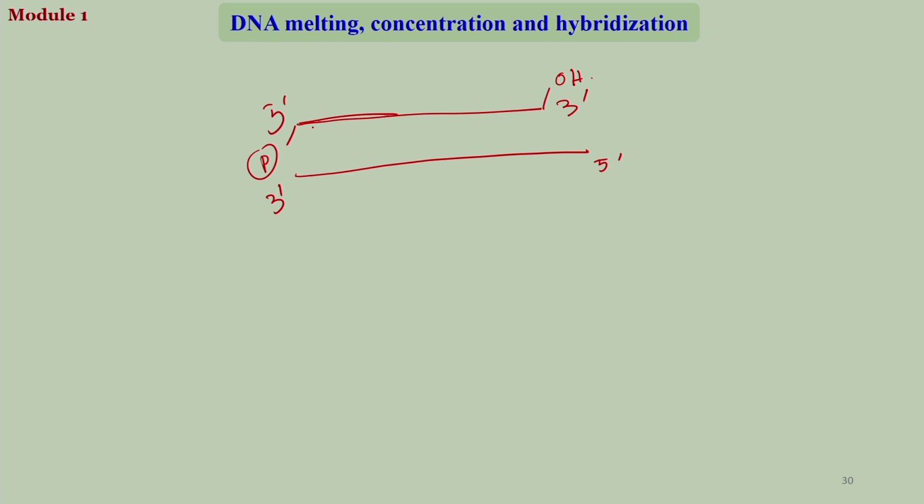I am just writing an arbitrary sequence A T G C A T G C A T, and of course, the sequence of the other strand will be the complementary of it. So, T A C G T A C G T A. That is how our DNA double strand is usually written.